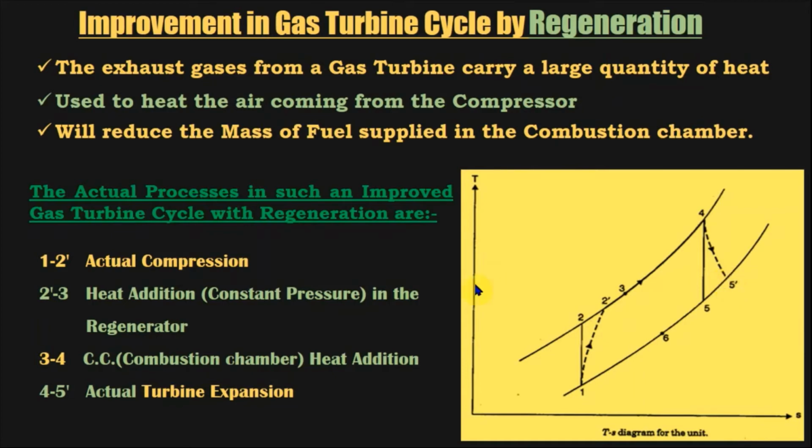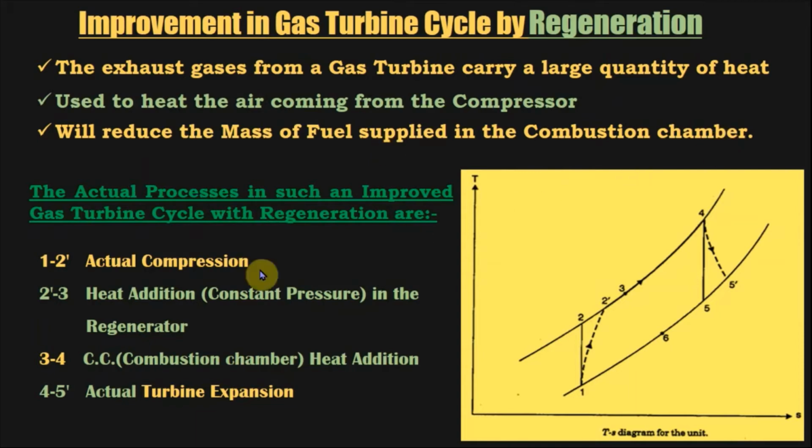As you can see, T5 dash is very much higher than T1, which is the ambient temperature. So that means it possesses a large quantity of heat. Therefore, the exhaust gases from the gas turbine carry a large quantity of heat, which can be used to heat air coming from the compressor. So definitely that will reduce the mass of fuel supplied in the combustion chamber.